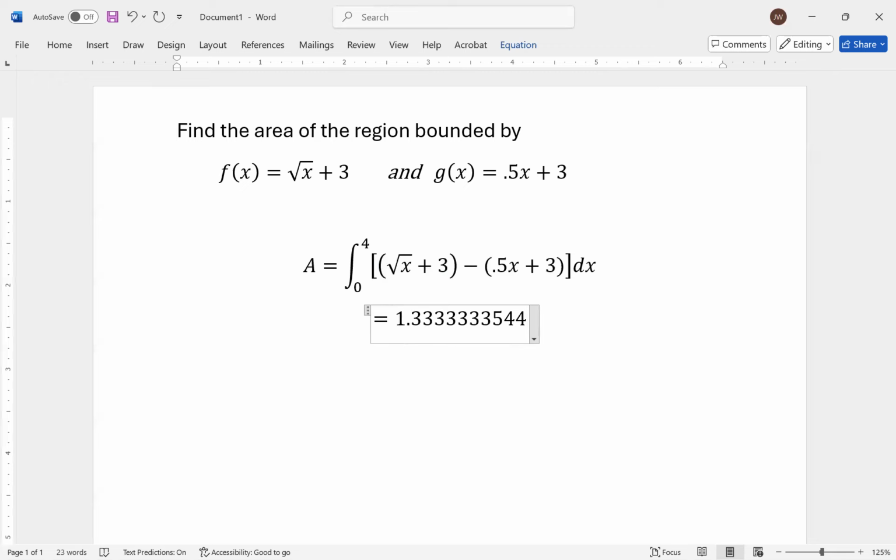this number, okay? And because we have a square root and we're dealing with 0, it turns out this is a good approximate number. Now, if you're asked for the answer rounded to 2 decimal places, the answer rounded to 2 decimal places is 1.33. However, if you would have done this by hand, what you would have gotten by hand is 1 1/3.